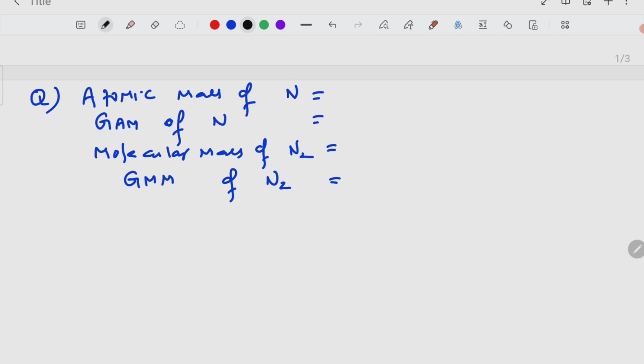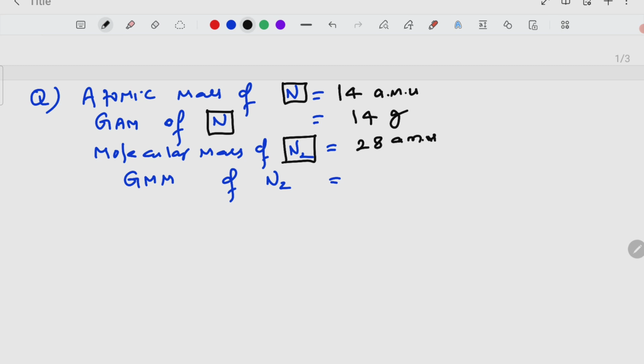So the answer here: the atomic mass of nitrogen, we know nitrogen, is 14 AMU. Gram atomic mass of nitrogen, observe these representations, is 14 grams. Molecular mass of N2, double, is 28 AMU. Gram molecular mass of N2 is 28 grams.